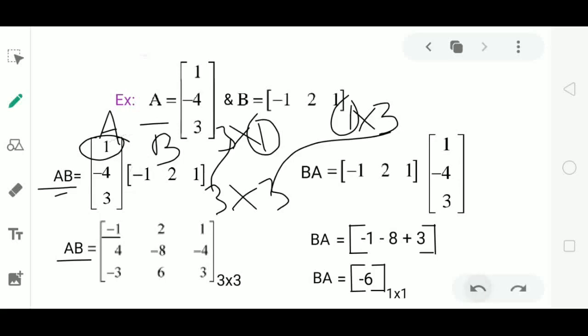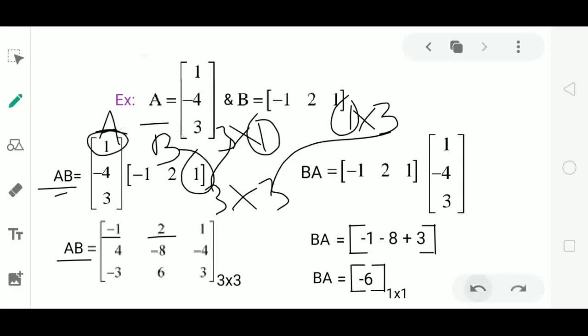To find second element of AB, that is element lying in first row, second column, we consider first row of A, second column of B, multiply them element wise. 1 into 2 is 2. 2 is the second element of AB. For next element lying in first row, third column, we consider first row of A and third column of B. 1 into 1 is 1.